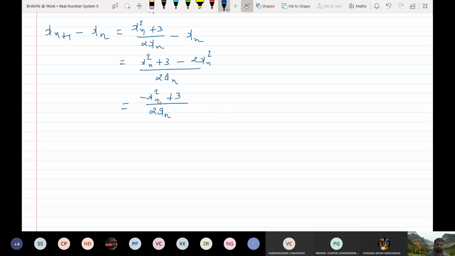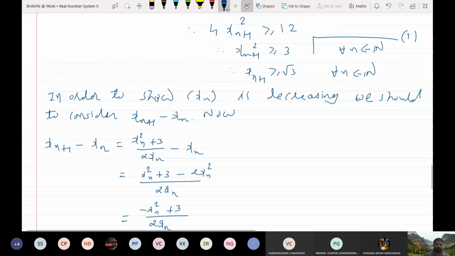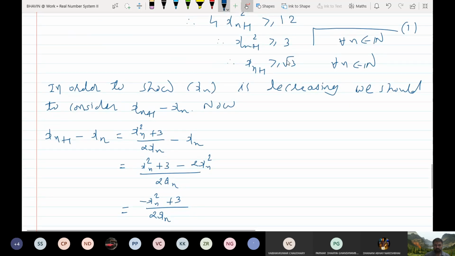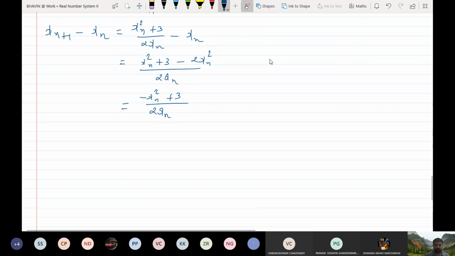Now what is this quantity? See, from this you can say that xn square is greater than or equal to 3. So 3 minus xn square is always less than or equal to 0, and xn is positive. The reason is this: 3 minus xn square is less than or equal to 0 for all n in N, and xn's are greater than 0 for all n in N.